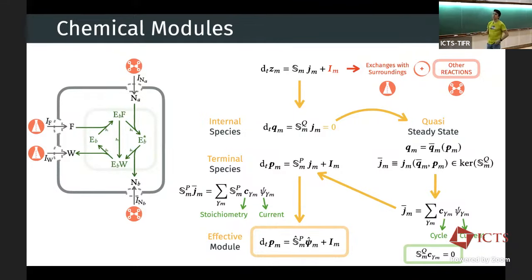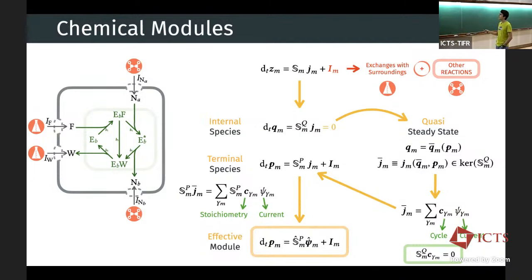So if we consider that there's this instantaneous relaxation towards a steady state, then we can write the rate equation, sorry, the reaction currents evaluated for the concentration of the terminal species and the steady state to which the internal species have relaxed instantaneously or almost instantaneously, of course.